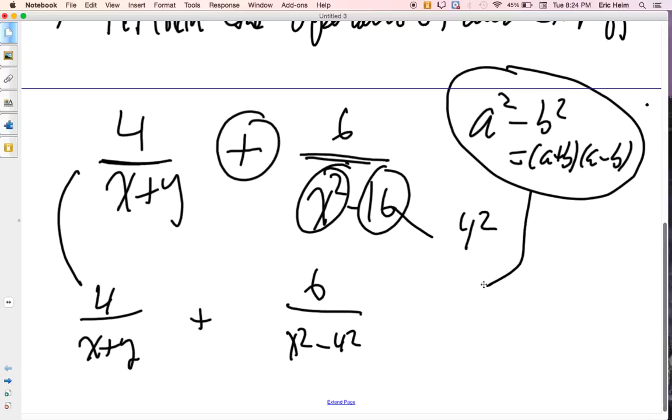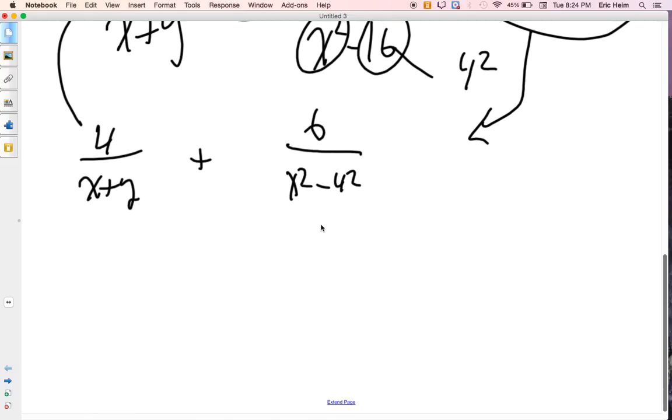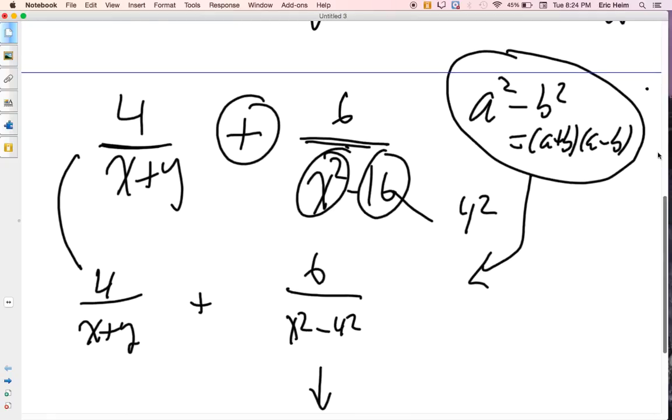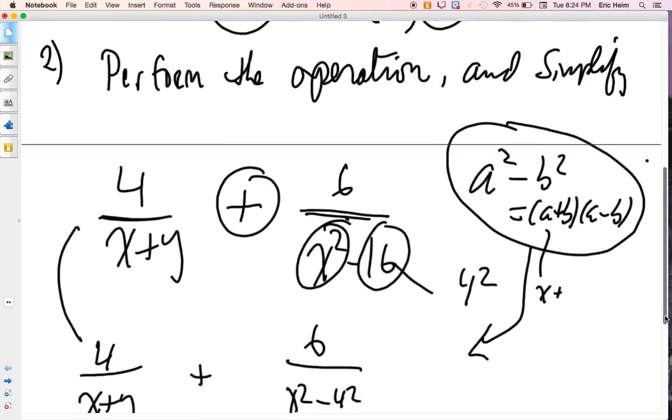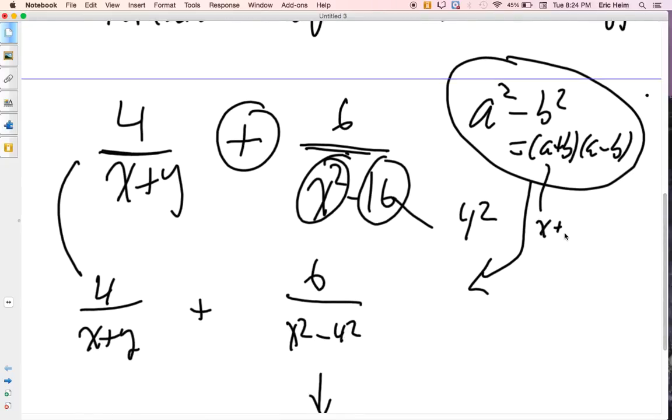But using this pattern here of x squared minus 4 squared, instead of a squared minus b squared, we have x squared minus 4 squared. So a is like x, b is like 4, and a minus b is x minus 4.